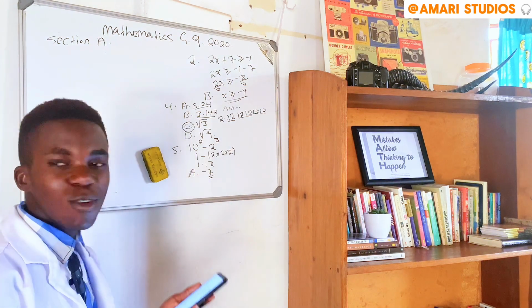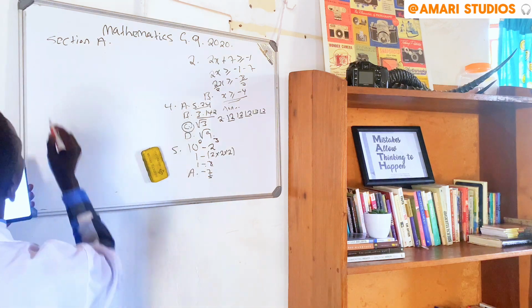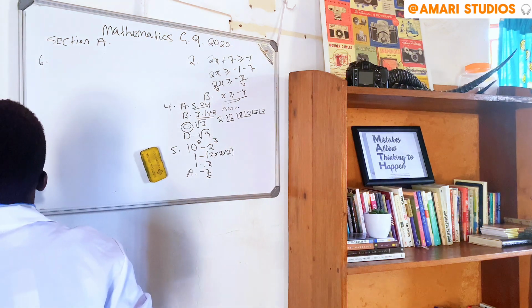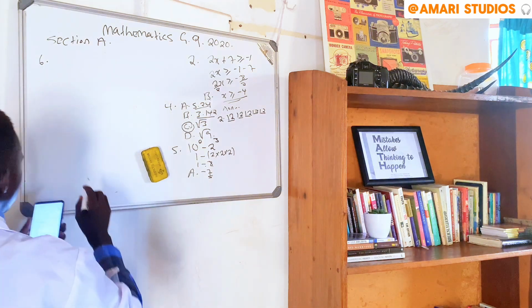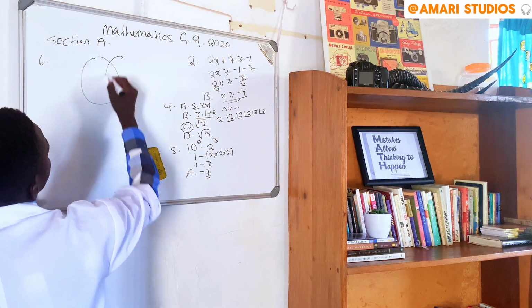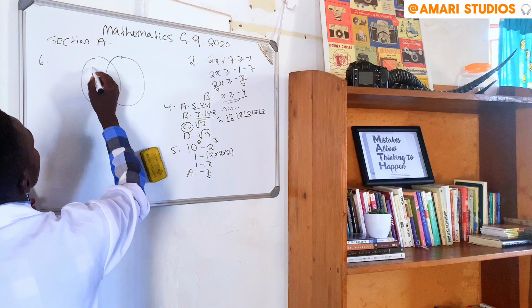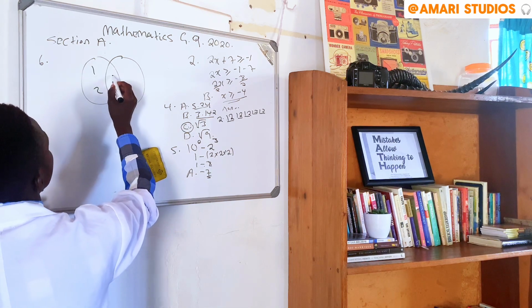So we move on to question 6. Question 6 is saying, the Venn diagram below illustrates sets A and B. We have a Venn diagram with 1, 2, 3.